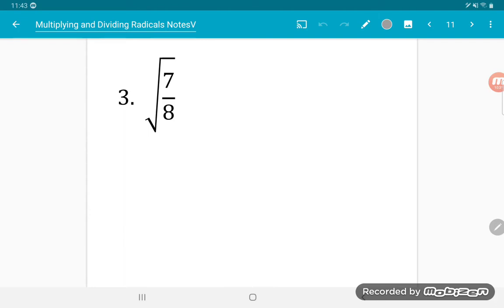For example 3, I have the square root of 7/8. Now, when you see this written like this, it can always be separated, always. It can be rewritten as square root of 7 over the square root of 8.